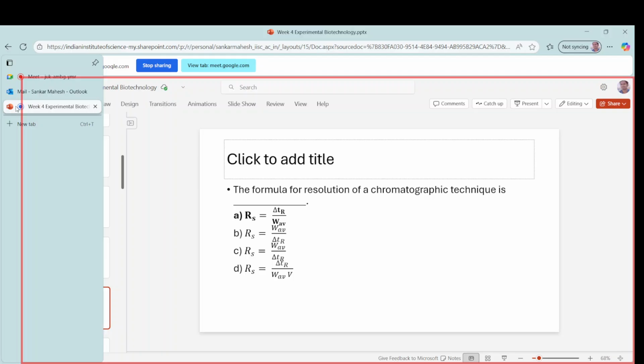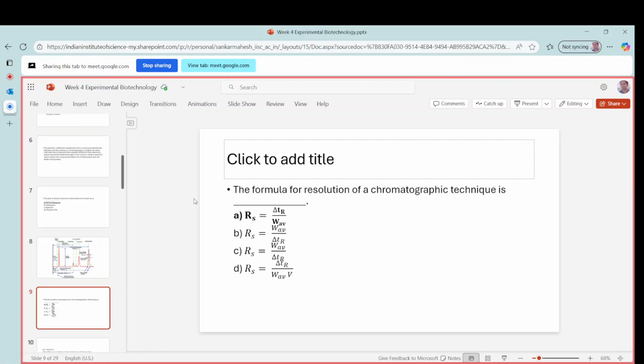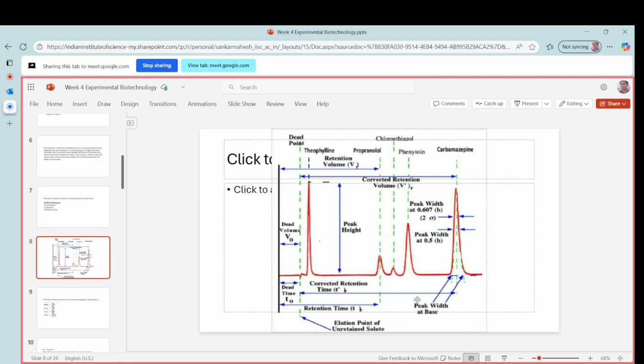Resolution tells us to what accuracy or what level of purity you can separate something. If you see here, this one peak is of very good resolution. It belongs to a compound called carbamazepine.